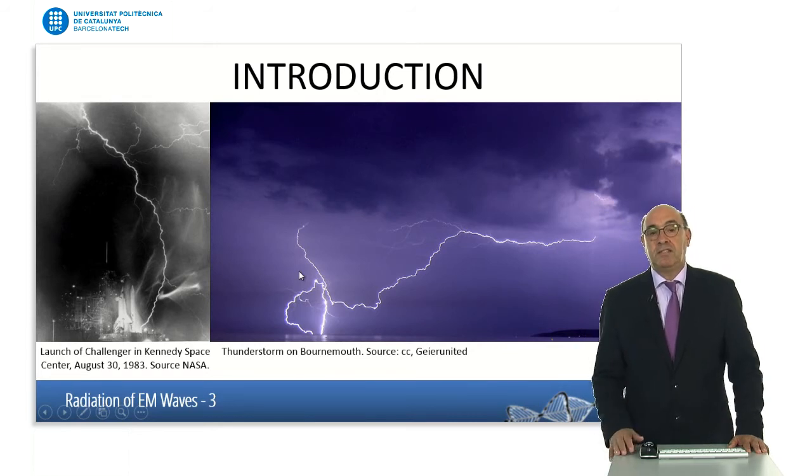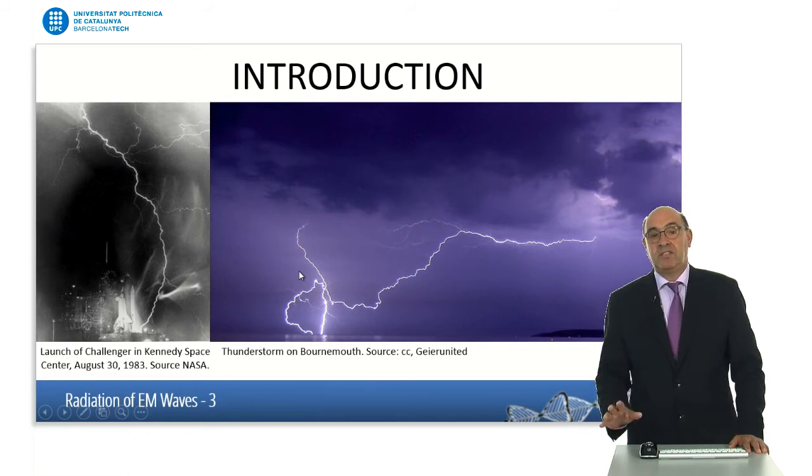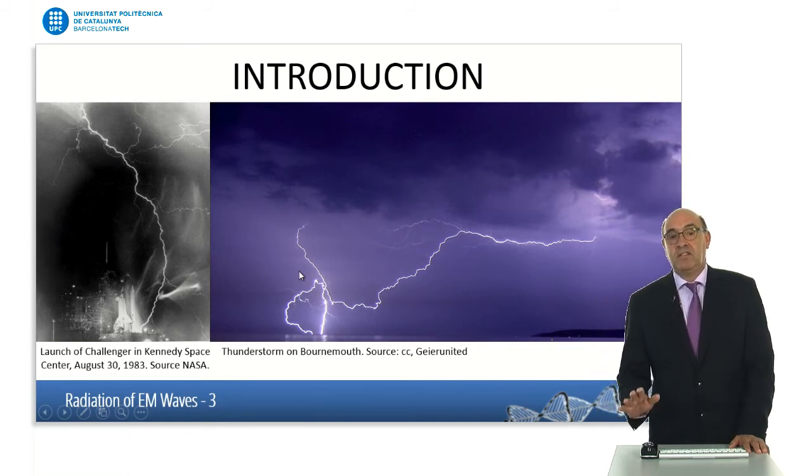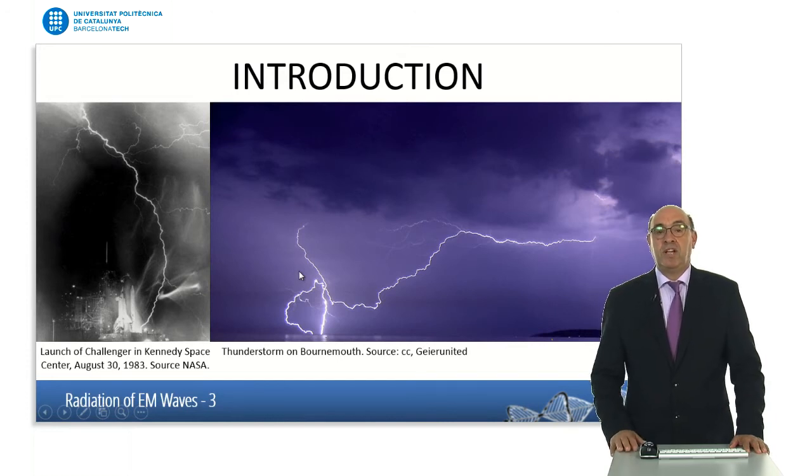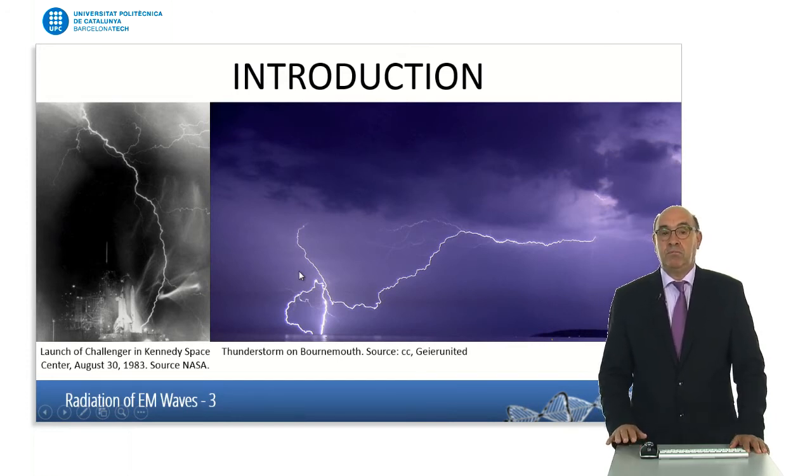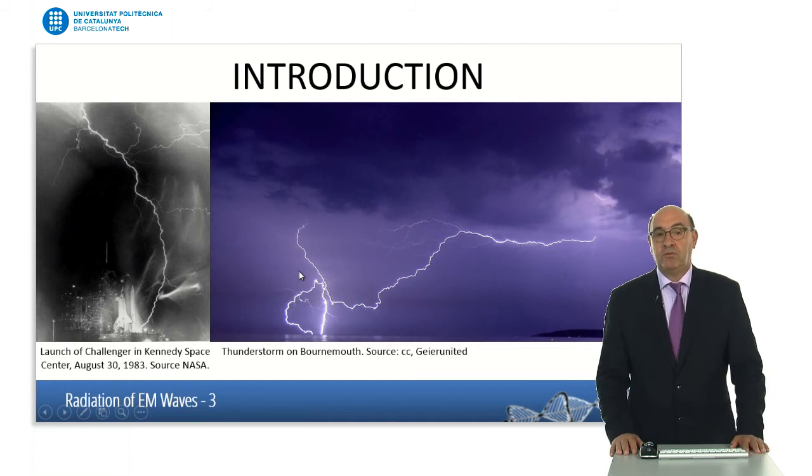In this case, the distances are small, and the velocity of light is so high that to us it seems to be instantaneous, but that's not the case. There's always the velocity of propagation involved. And Maxwell has to be also credited as establishing that velocity of light as the general velocity of all electromagnetic waves.